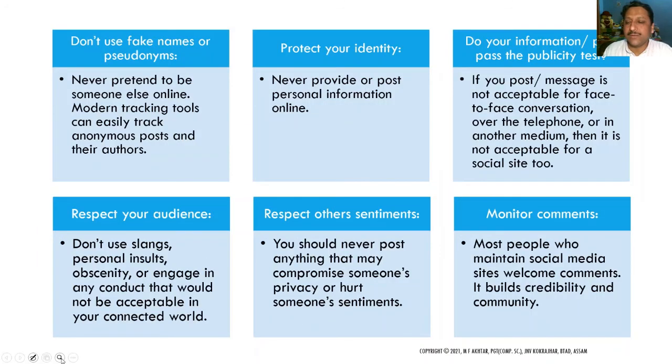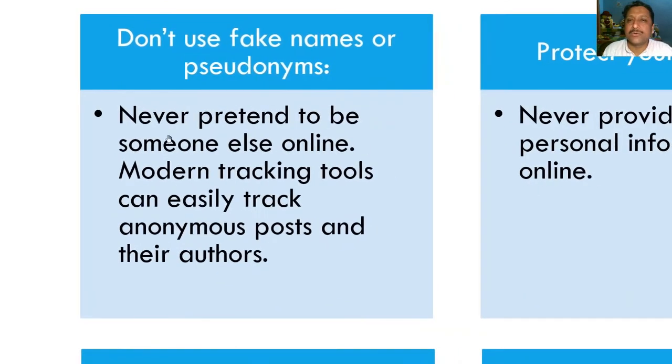Next, don't use fake names or pseudonyms. If you give fake names on social networking sites, it is not good manners. Always use proper names. Don't use pseudonyms or nicknames. Never pretend to be someone else online.